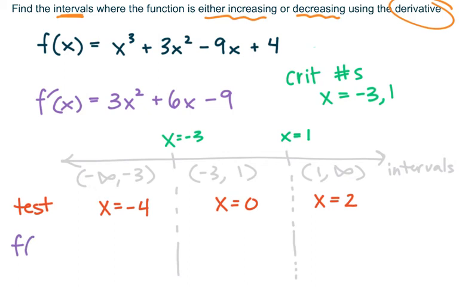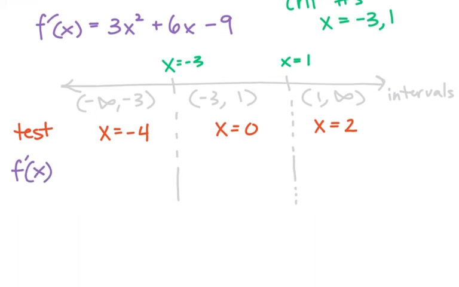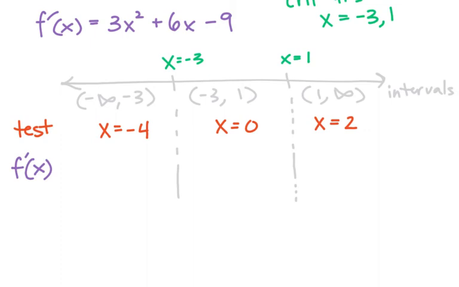So I'm going to take my derivative here, f prime of x, and f prime of x, when I factored it, we said that it was equal to 3 times x plus 3, x minus 1. That was what we had on our page.